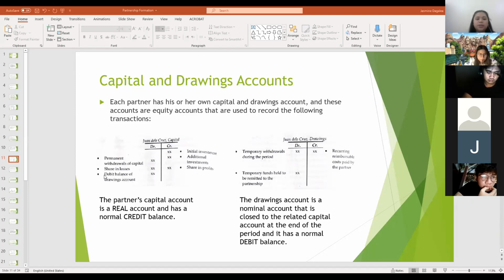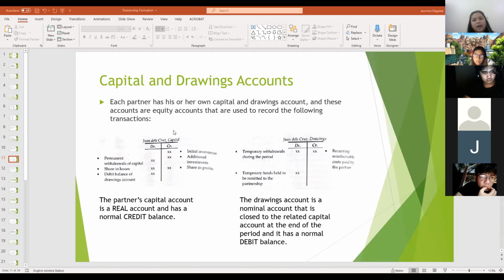So, yung third is i-close nyo yung drawings account nyo sa capital. So, yung closing entry nyo ng drawing account is debit capital, credit drawing. Di ba yung closing entry nyo? Kaya dinedebit yung debit balance ng drawings account sa capital account.